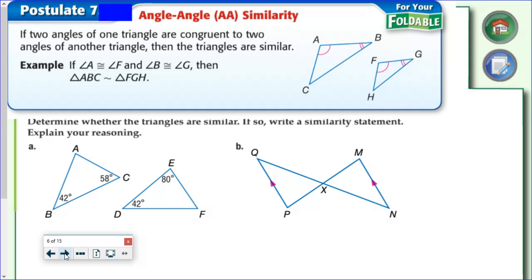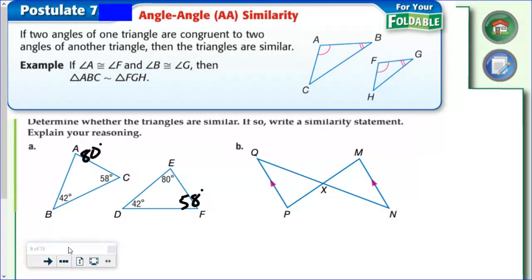For this type of problem, all you're going to do is find the missing angle measure, knowing they add up to 180. So I know angle A would be 80 degrees. And since all three have to add up to 180, I know this is 58 degrees. Now you've got to make the similarity statement.